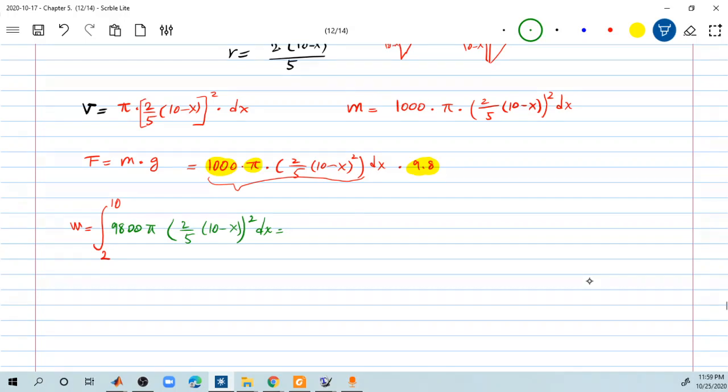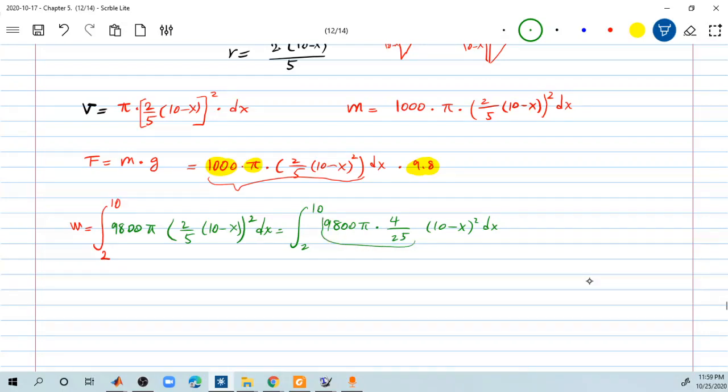Try to simplify it a bit. It's too many numbers. I'm going to write from 2 to 10. You can square this, and what you get is 9800 pi multiplied by 4/25 times (10 minus x) squared dx.